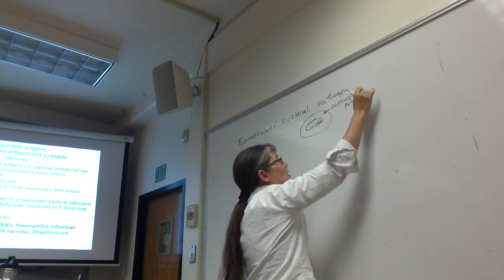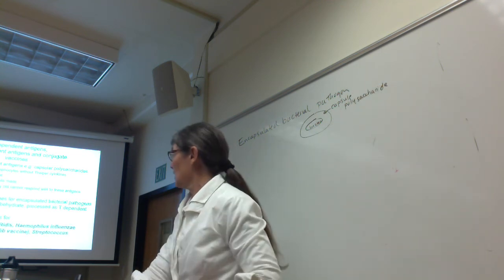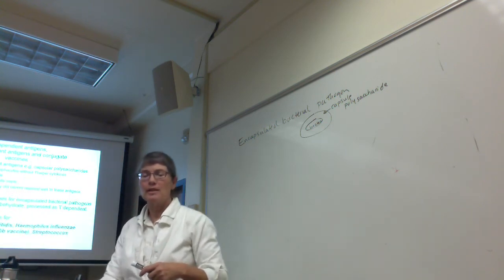Some examples we've mentioned before of these encapsulated pathogens include Neisseria meningitidis, that causes bacterial meningitis in young people like you, Haemophilus influenzae, which can cause middle ear infections and meningitis in babies, and then Streptococcus pneumoniae, which is a common cause of bacterial pneumonia following, say, influenza, and can also invade the central nervous system. These stinkers all have a capsular polysaccharide.